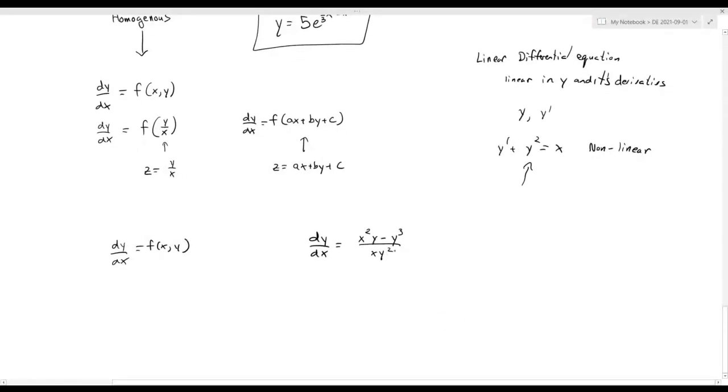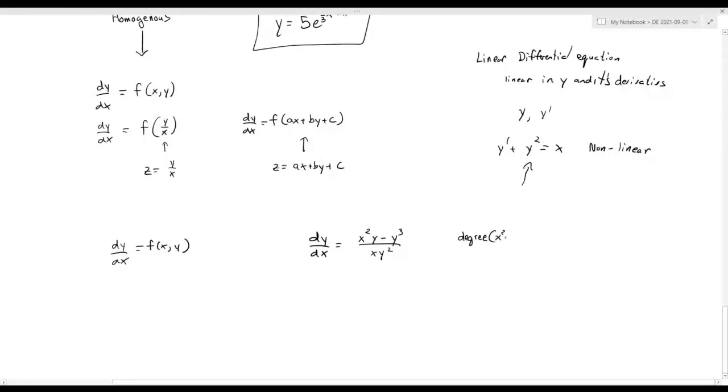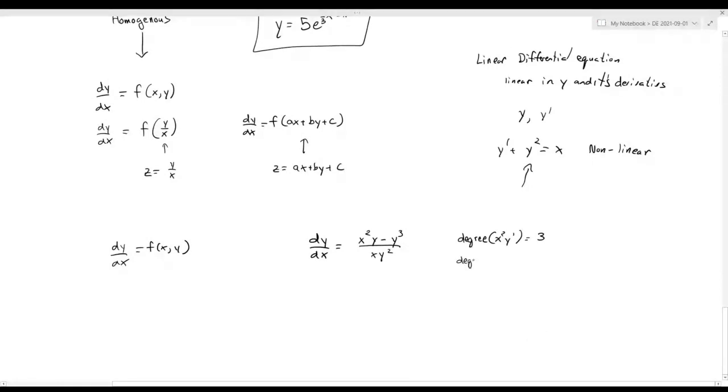So what we can notice about the right-hand side is that if you look at each term on the right-hand side in this specific example, the combined degree of each term is equal to 3. The degree of x squared times y, or y to the 1, is 3, because you add all the exponents together to get the combined degree. Likewise, the degree of y cubed is 3.